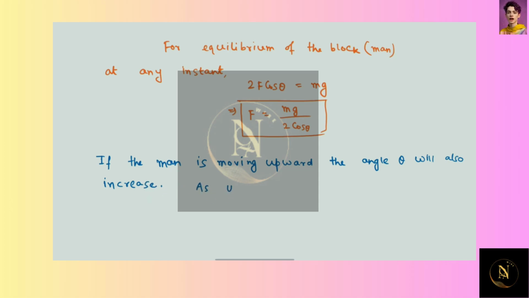As theta increases, we know cos theta will decrease. So as the man moves upward, as cos theta is decreasing, F is going to increase, right?